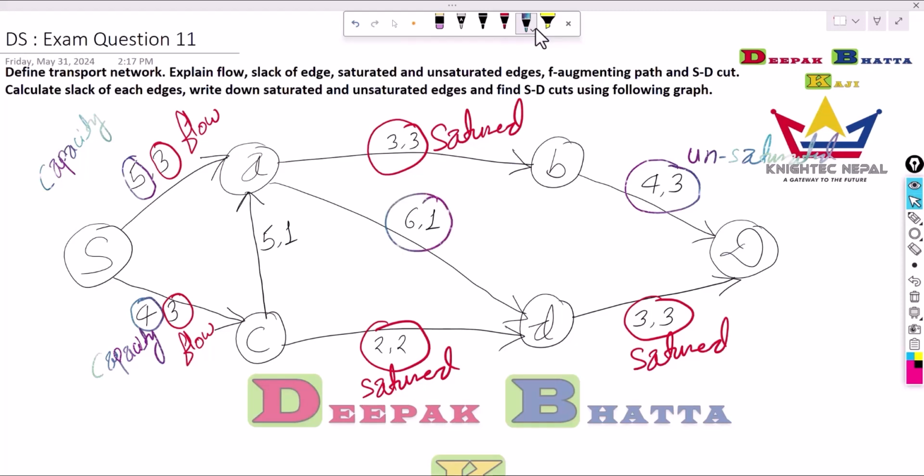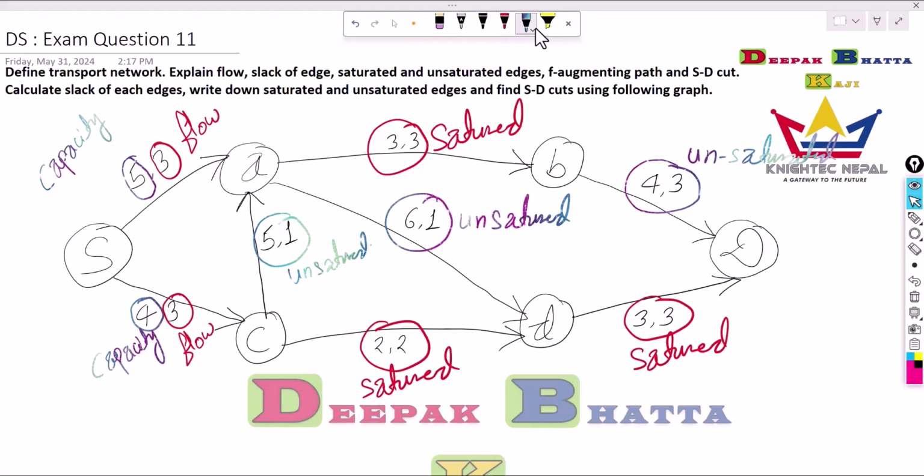Likewise C to A: 1 is your flow and 5 is your capacity, so this is also unsaturated. Later on you will find out and write down which one is a saturated edge and which one is an unsaturated edge. Later on we will discuss every detail.